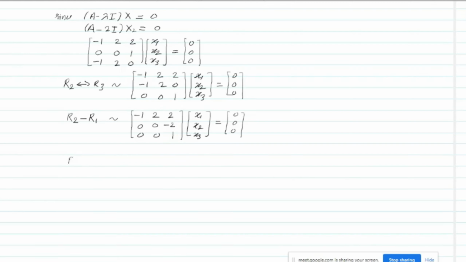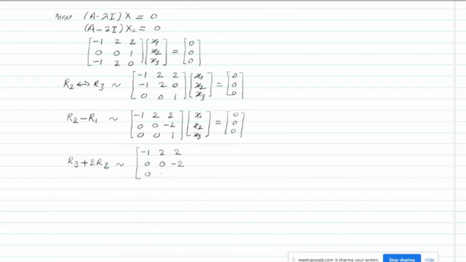So we have R3 plus 2 times R2. So this becomes minus 1, 2, 2, 0, 0, minus 2. The first row and second row stay as they are, only the third row will change. Here we will not do R3 plus 2 times; let me tell you what to do. Here we use 2 times R3 plus R2. If I multiply by 2 in R3, this becomes 0 plus 0, that is 0.